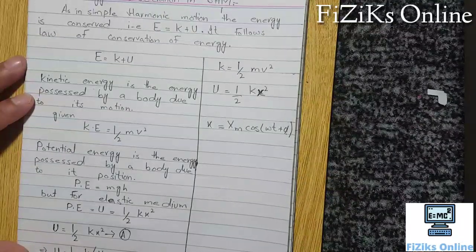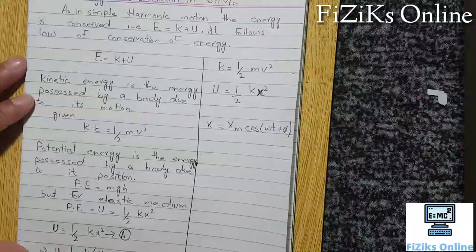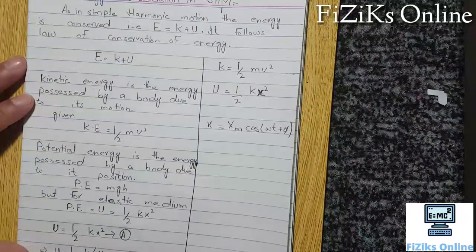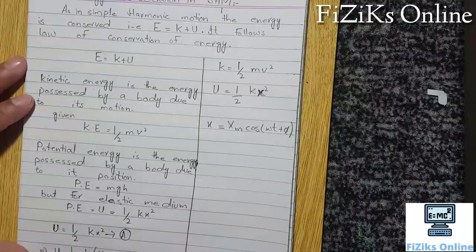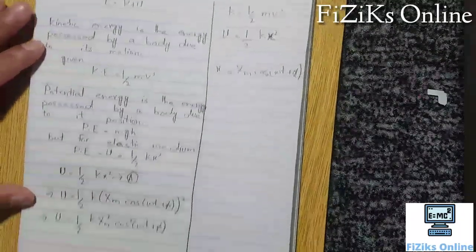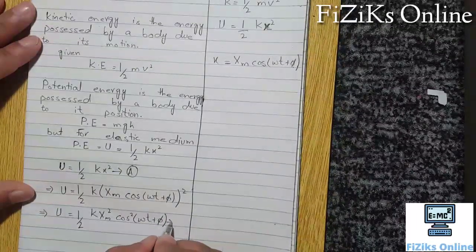This equation becomes U equals half k xm square cos square(omega t plus phi). This is equation B.